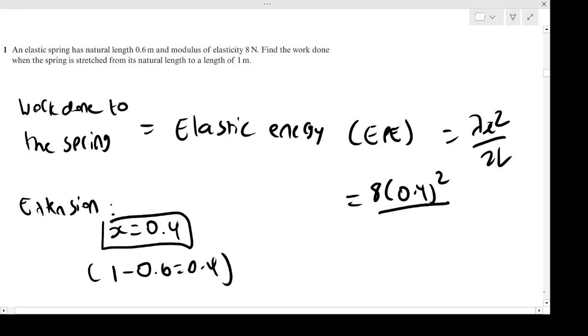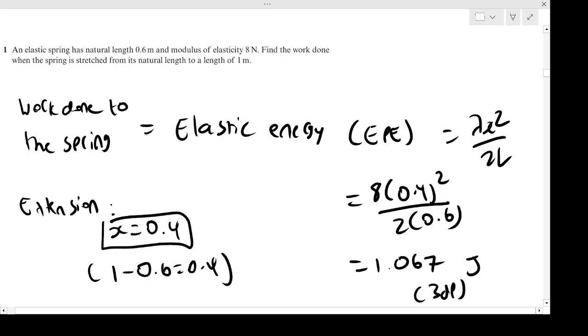Square that, divide by 2 lots of the natural length, which is 0.6. Work that out, and so then I get 1.067, again in joules, and there we are. That is the elastic energy, which is also then the work done to stretch the spring.